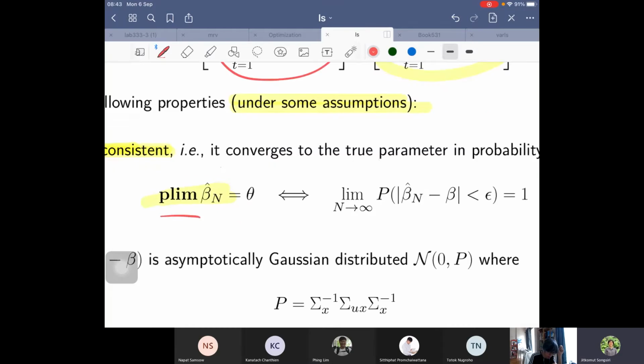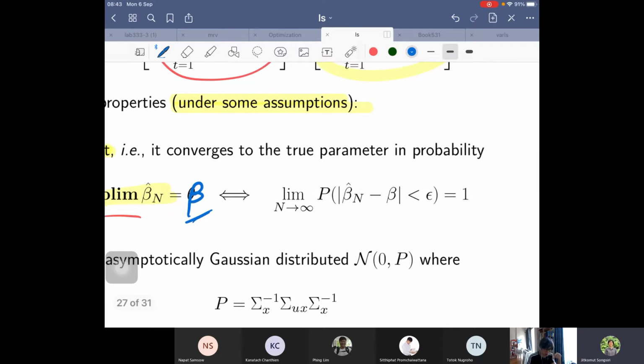It says that your beta hat will converge to the true parameter in probability. The definition of convergence in probability is this: the probability that the distance between your estimator and the true parameter is small approaches 1 when the data sample is sufficiently large.